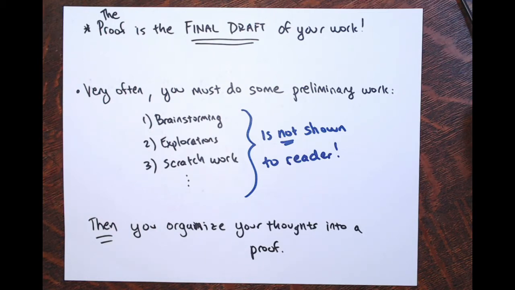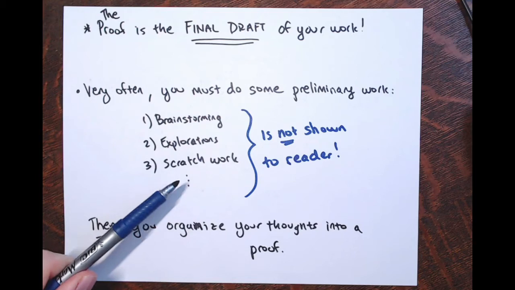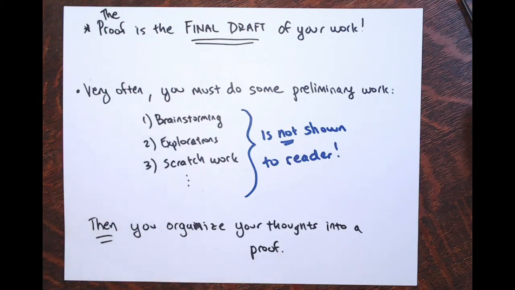How did you structure this? How did you figure this out? And then perhaps the author of the proof will reveal the work behind the proof, the behind the scenes stuff. This is all behind the scenes. The reader gets the organized version. The reader gets the final draft. Hopefully this is making sense.